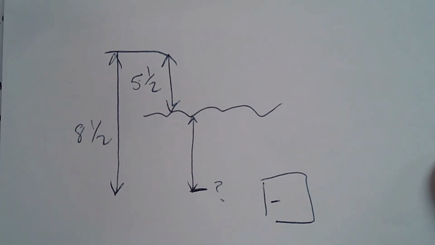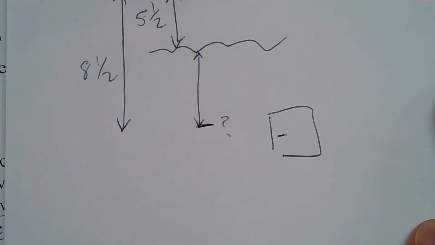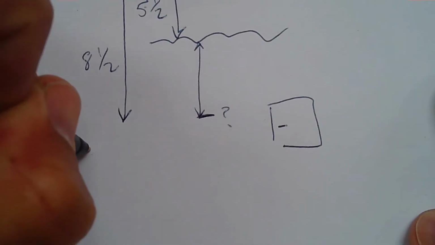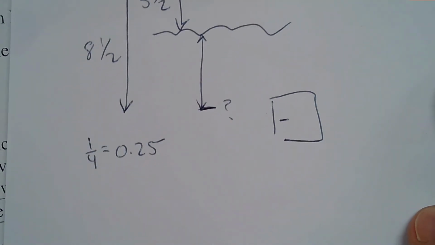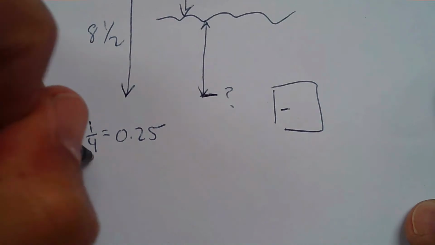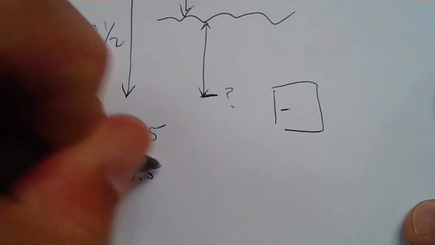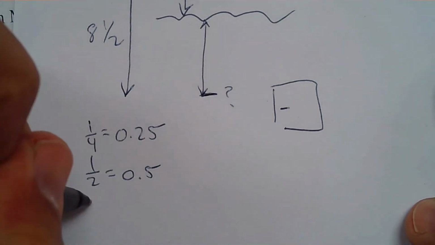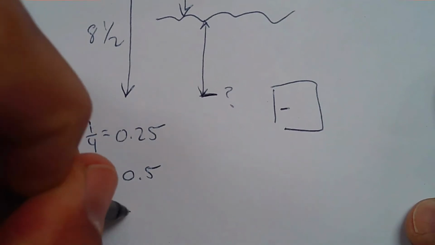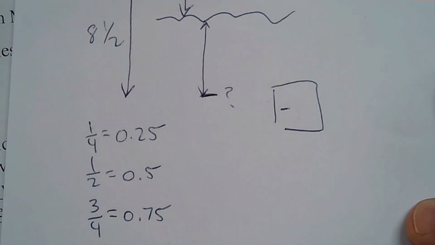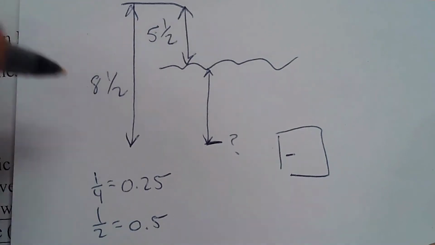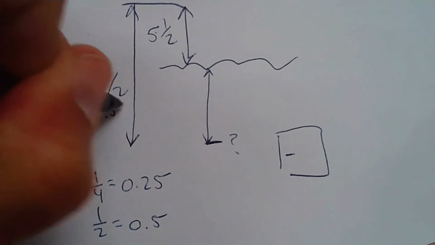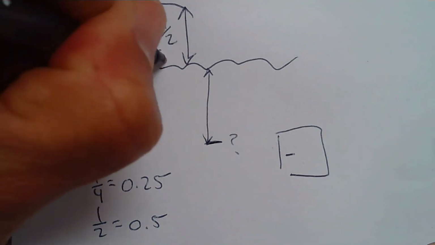Well, real quick, what's important to know, because I might show you a different version of this on the actual quiz, is 1/4 is equal to 0.25, because 1/4 is a quarter, and a quarter is 25 cents. A half is 0.5 as a decimal. I'm turning all these fractions into decimals. And then 3/4 is 75 cents. So what I would do is I would change both of these to decimals. This is 8.5 and this is 5.5.